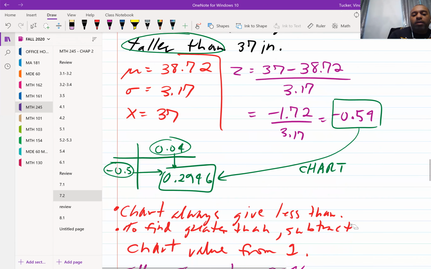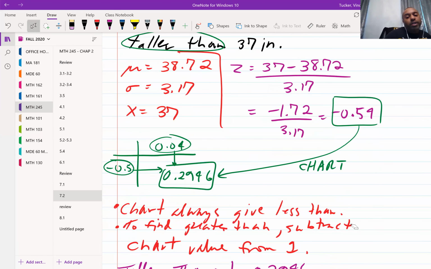All right, so we're looking at what we have in the red over here. The chart always gives less than. So to find greater than, subtract the chart value from 1. Would that look better?